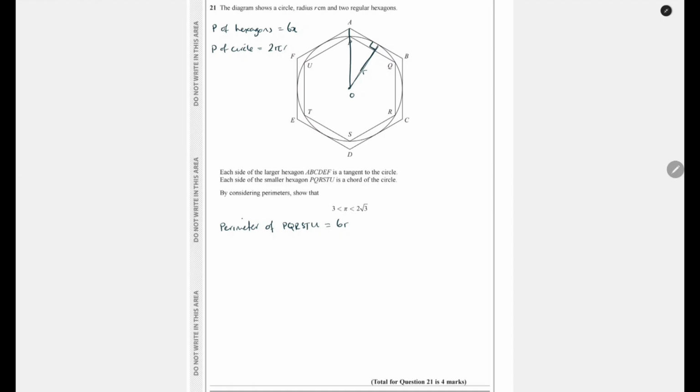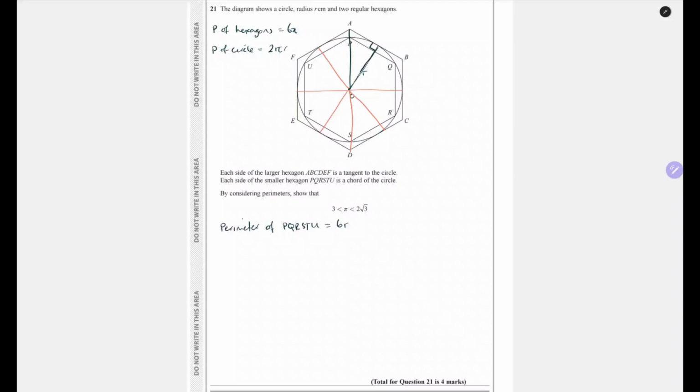Now, similarly to before, we can split the shape up. And so we can draw a radius to the tangent, like so. Similar to before, we have equal triangles.